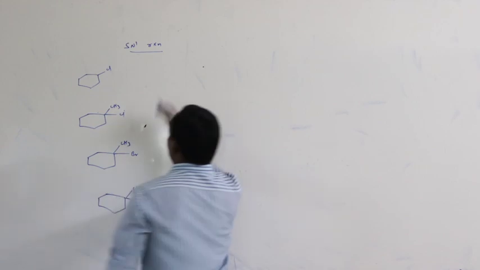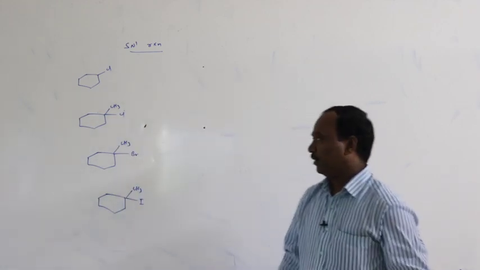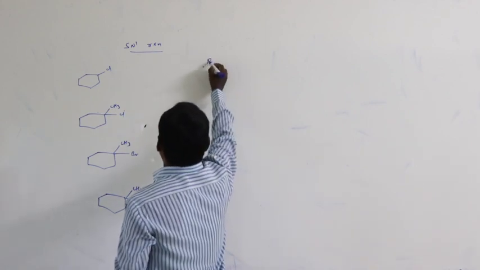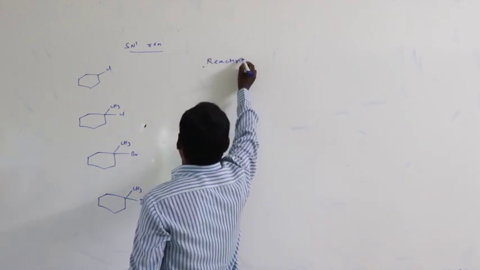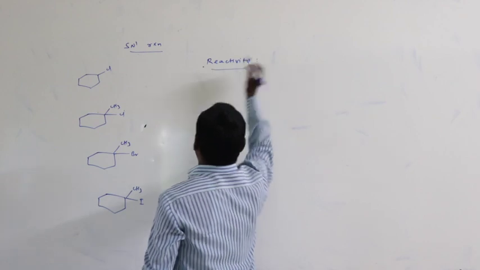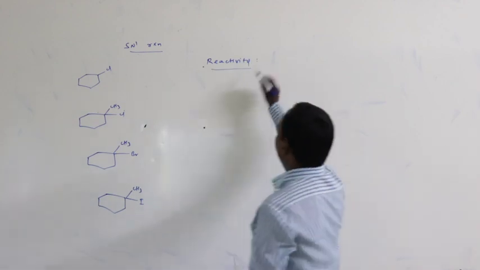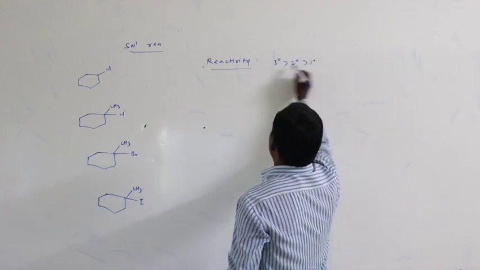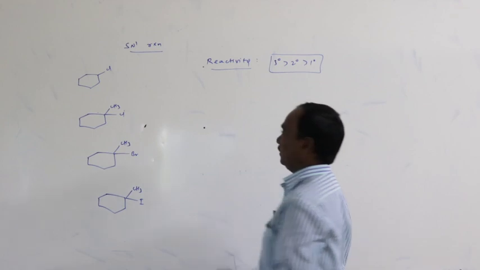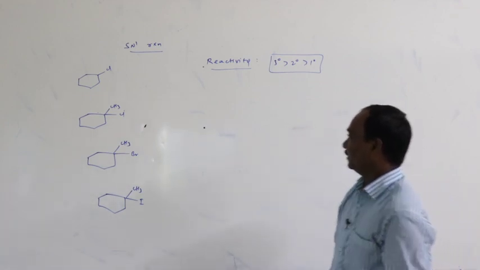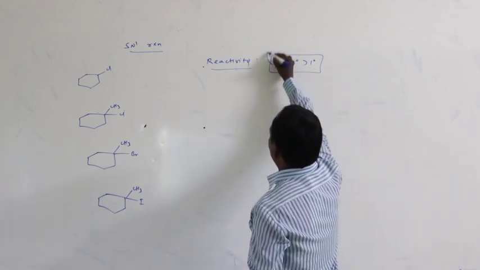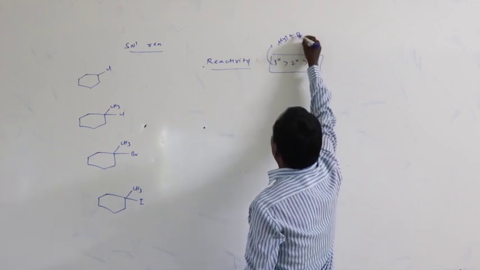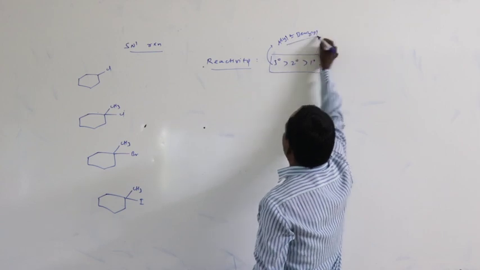Towards SN1 reaction, the reactivity order is tertiary, secondary, primary. This is the correct reactivity order for SN1. Sometimes allyl groups are present, allyl and also benzyl are more reactive.